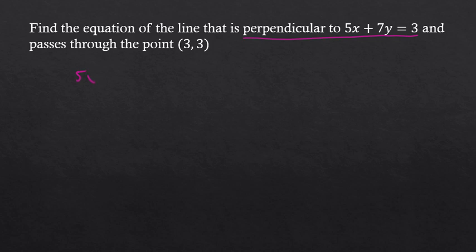So I have 5x plus 7y equals 3. Well, this implies 7y equals minus 5x plus 3. And then if I divide both sides by 7, y is equal to minus 5/7 x plus 3/7.